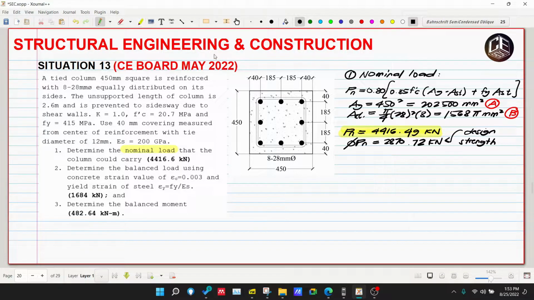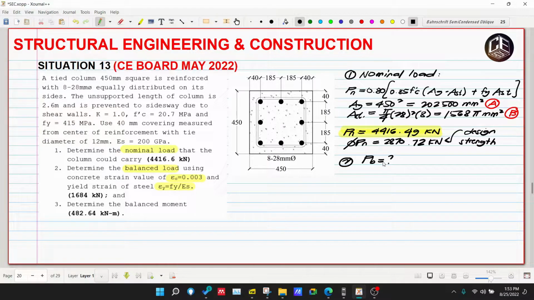Okay? Next, number 2. Okay, determine the balance load using concrete strain value of strain of the concrete na equivalent sa 0.003 and yield strain of steel na Fy over Es. Yan. Okay, so balance load tayo. So, PB ang pinapahanap. Yan.